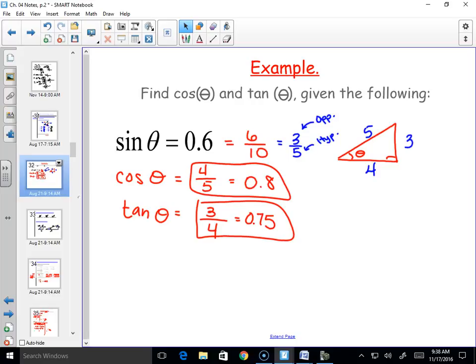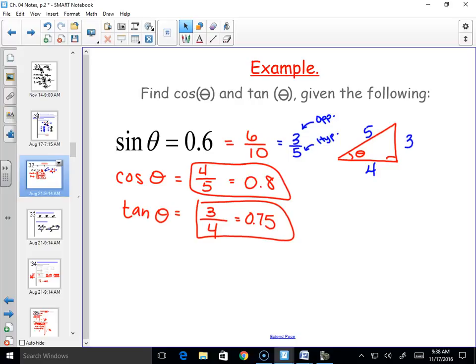This is 27.5. I asked you to find the coterminal of 60.